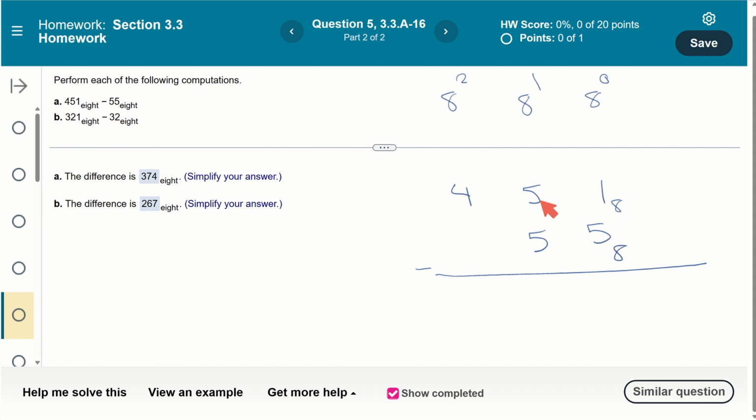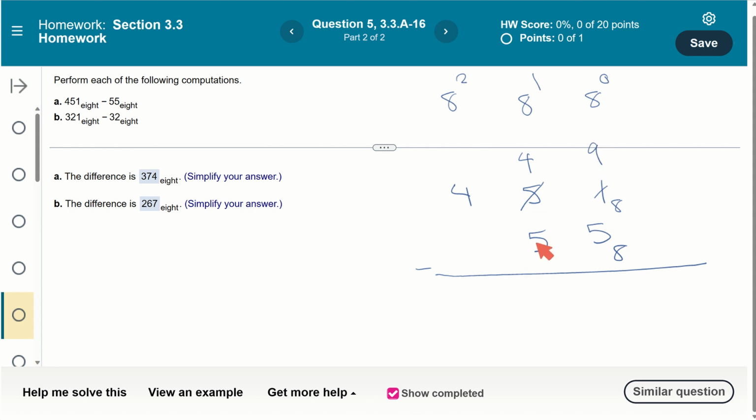So I am going to have to borrow. So I'm going to borrow 1 8 from this column. That's going to leave me 4 8s, and I'm going to add that 1 8 to this column. So now instead of having 1 unit here, I add 8 more units, so now I have 9 units, right?